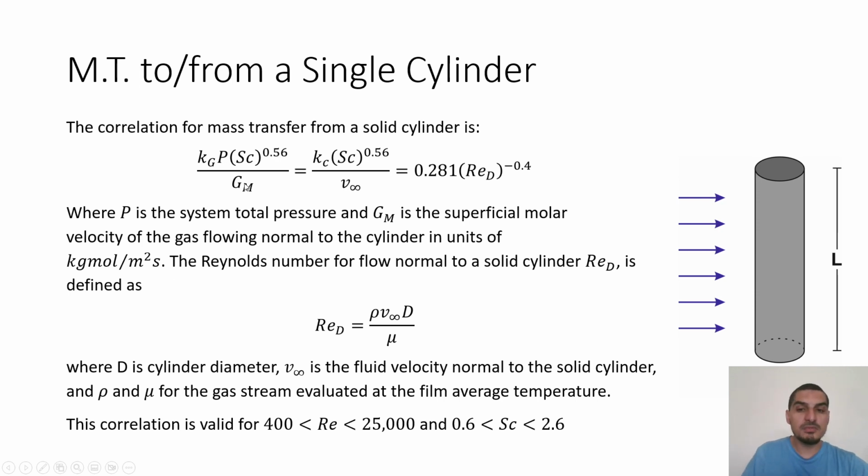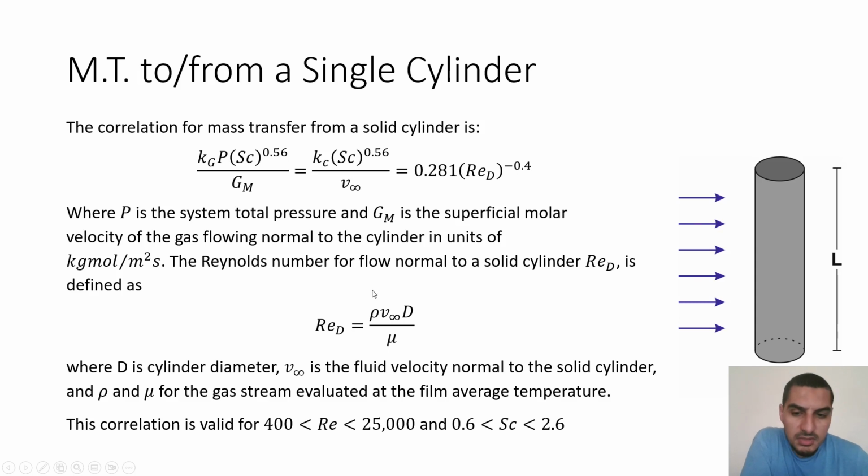There is a relation between Gm and V infinity. These two are alternatives depending on the equation that you use. They both represent the velocity of the gas, either clearly as a velocity or as molar velocity per unit area. And we will see how to calculate this Gm later, but just keep this in mind.